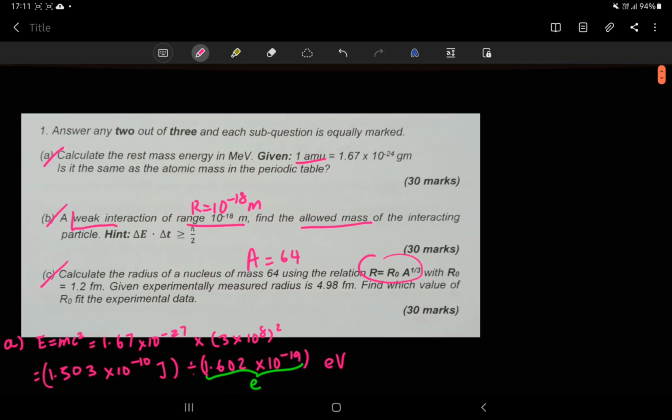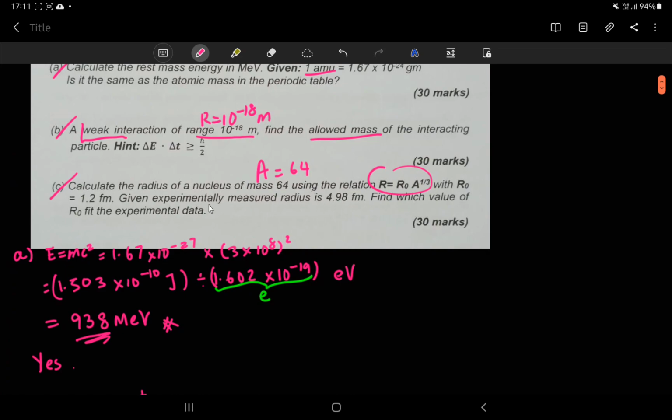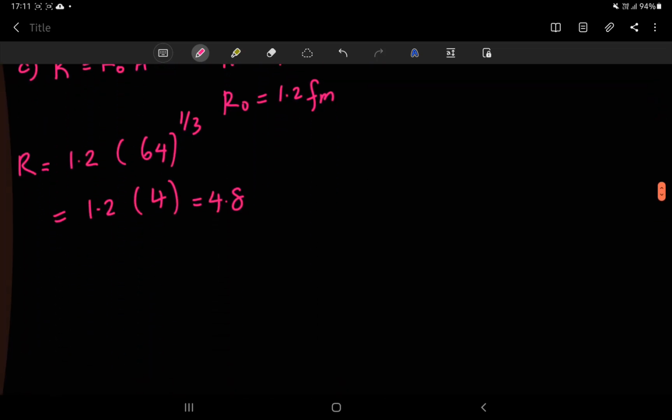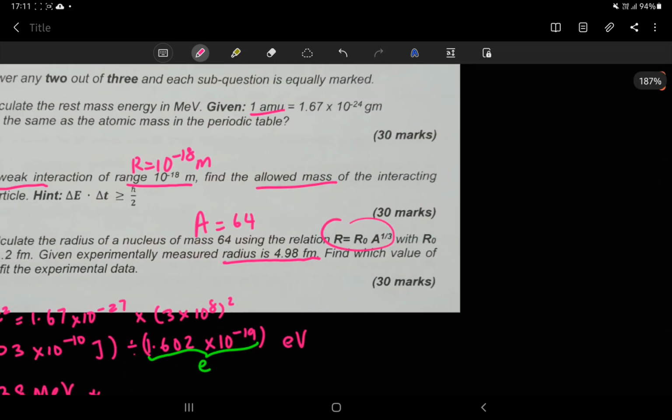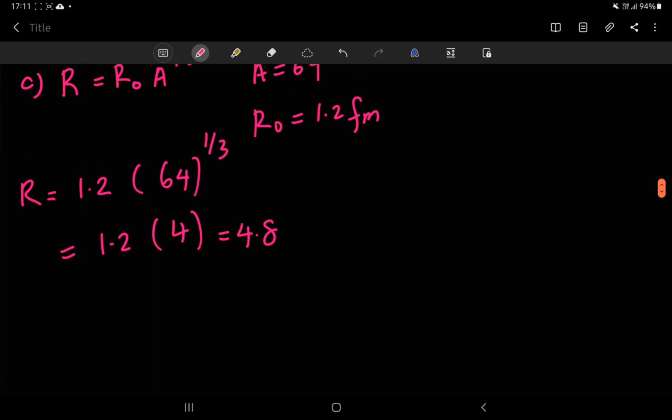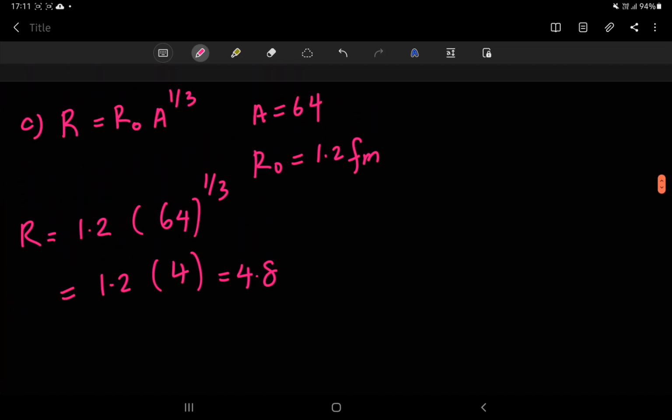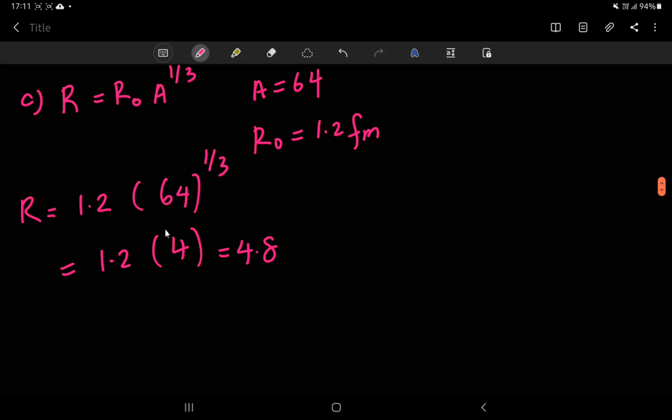Okay, but it is mentioned here that the experimental data of the radius is 4.98 femtometer. So we want to find the appropriate r naught value. So we just sub in back. So r experimental is 4.98, which is r naught times A. A is 64 to the power of 1/3.